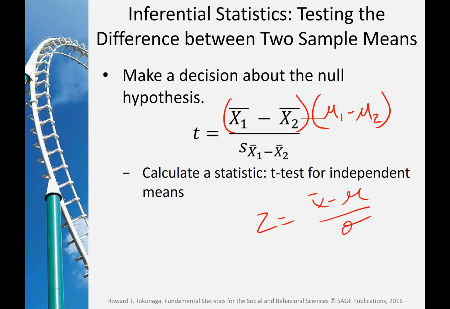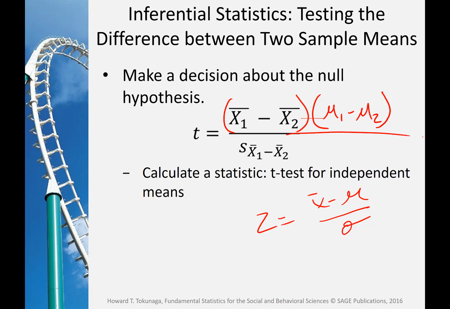So we don't know what mu1 minus mu2 is, right? But we have an idea, don't we? What's our idea of the difference between mu1 and mu2?